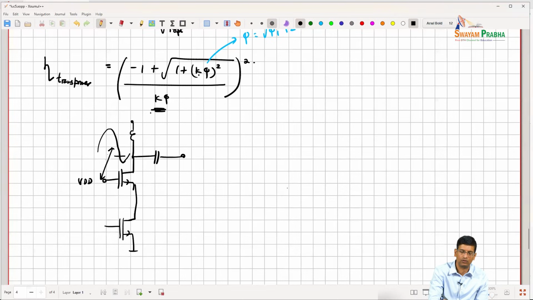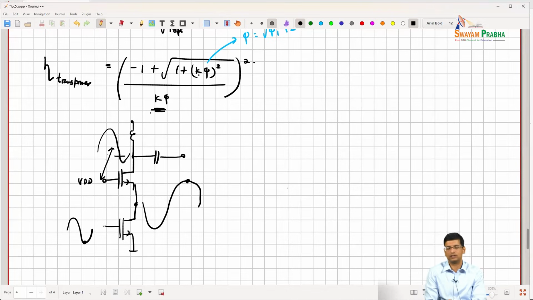You may be able to tolerate a larger drain-gate voltage swing, and this node over here is not going to swing all the way up and down to VDD, right? So from the high point to the low point, it is not going to be 2 VDD, so you can get higher output power by building a cascode.